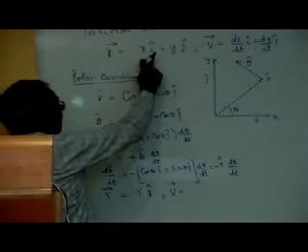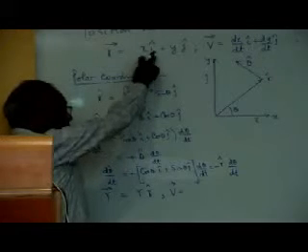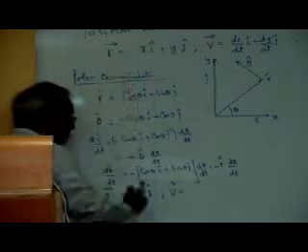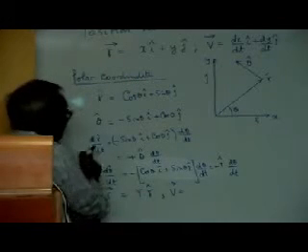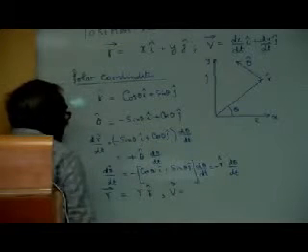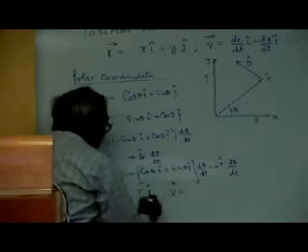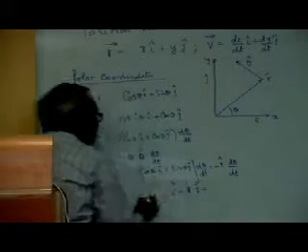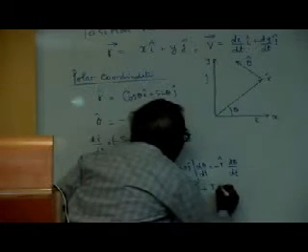Notice here, di cap dt is 0. The directions of i cap, j cap do not change in the Cartesian frame, whereas for r cap, dr cap dt is non-zero. In fact, it is theta dot theta cap.